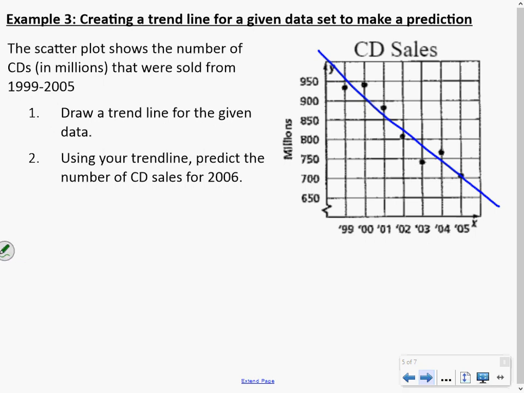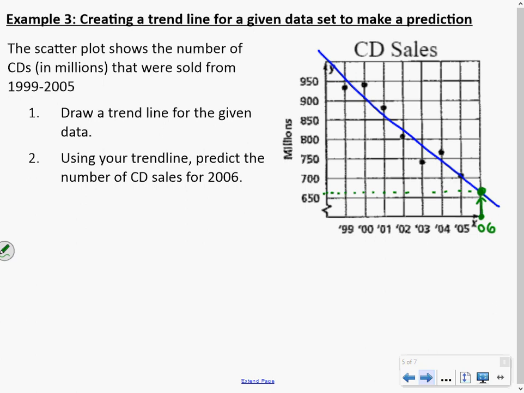So if we're looking at using this trend line to make a prediction for 2006, we need to find 2006 on the x-axis, so it would be right here. And then we're going to look up at the graph here. This is the point for the year 2006. We can find the number of CD sales in 2006 by backtracking and going over to the y-axis.